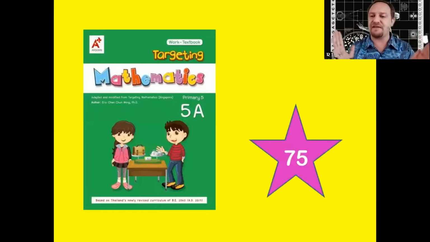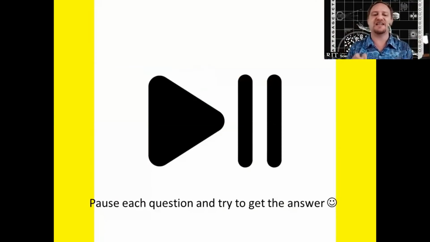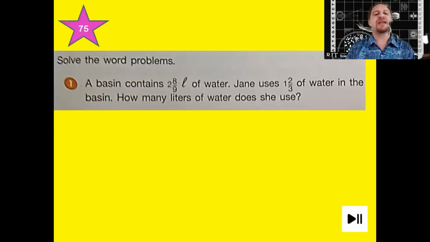Let's go to page 75, okay? And again, press that pause button. See if you can get the answers by yourself, okay? Now, this question can appear a little bit confusing, okay, with the wording. But again, remember, we're working with multiplication for this unit, so that should be a little bit obvious.